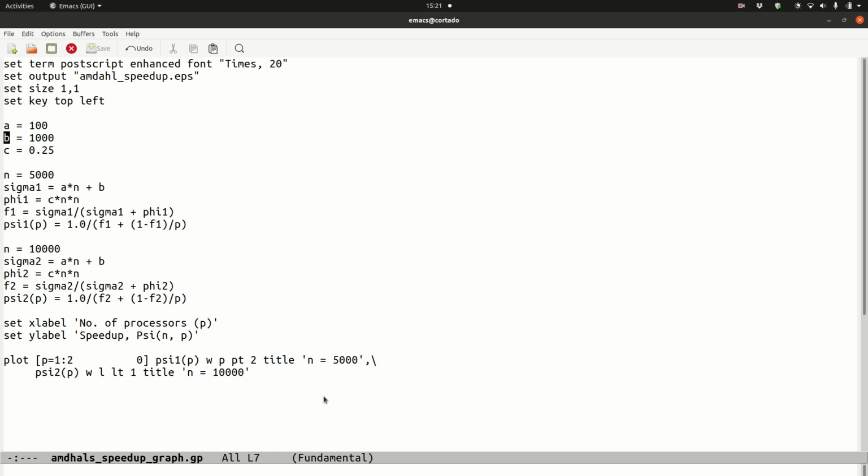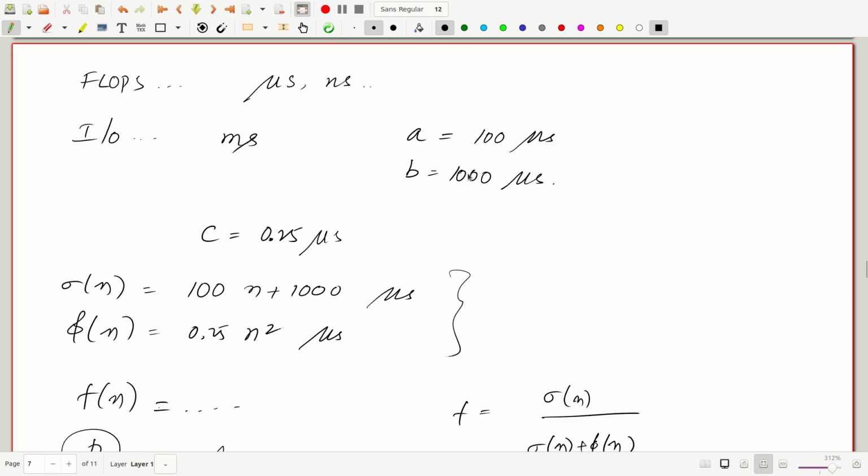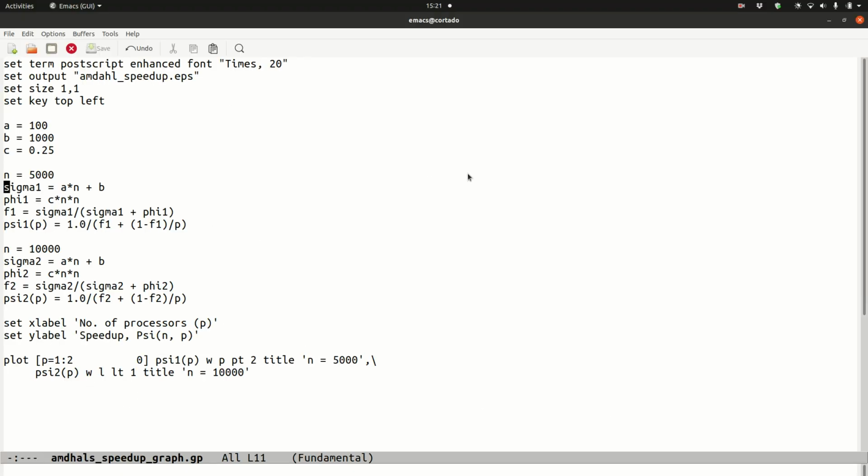So I have a equals 100, b equals 1000, c equals 0.25. That is the same as what I have written here, in microseconds. And then we have n equals 5000. I'm testing it for two different n. This is the first n, this is the second n, and for the first n I use a trailing 1 to denote case 1, and for the second I use a trailing 2.